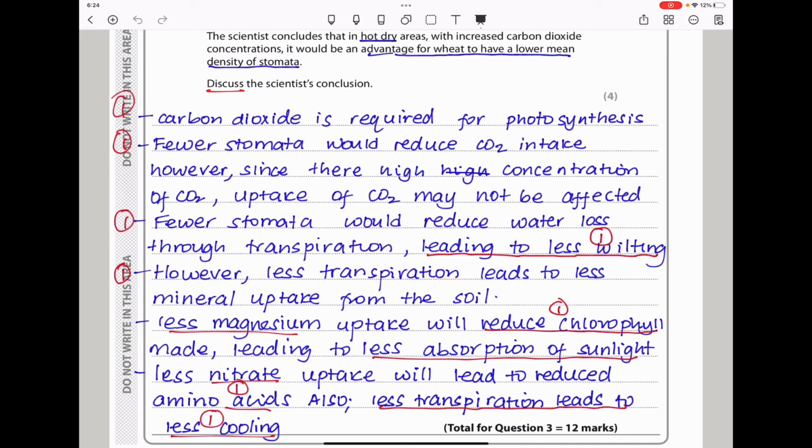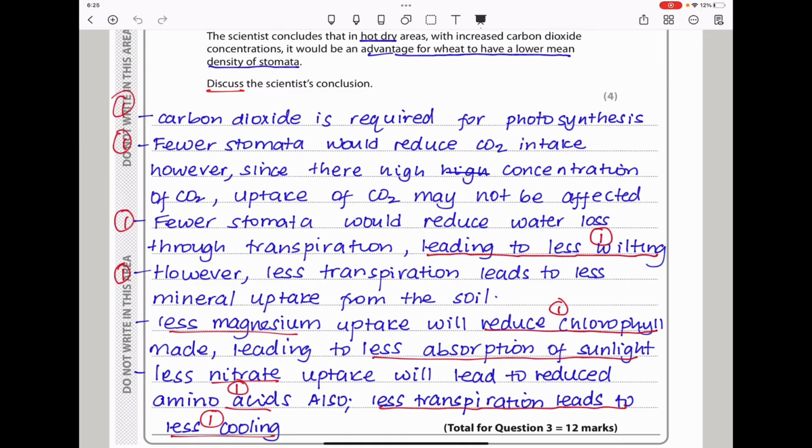However, less transpiration leads to less mineral uptake from the soil. This is connecting to that. I hope you can understand. Fewer stomata would reduce water loss through transpiration, and if it was excessive, it would lead to wilting because of loss of water. However, less transpiration leads to less mineral uptake from the soil, and again, minerals are taken from the soil through the water in the xylem.